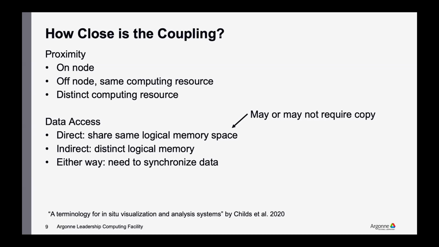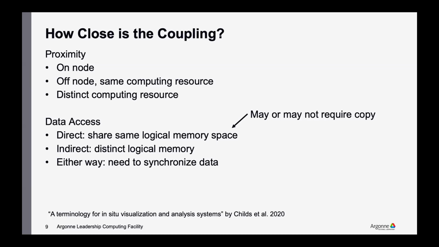You could have the ML and the simulation on the same node, or on different nodes but the same computing resource, like two Theta nodes, or you could be coupling two distinct resources like Cerebras and Theta.